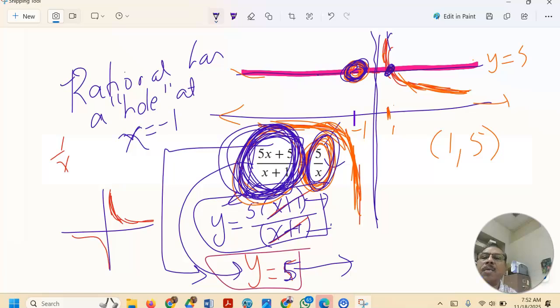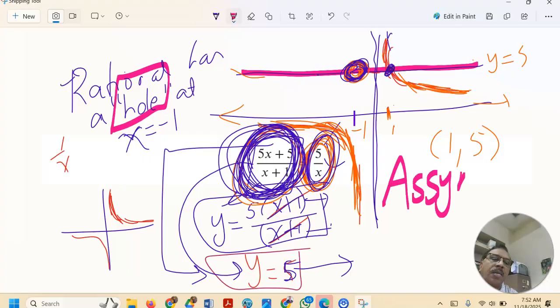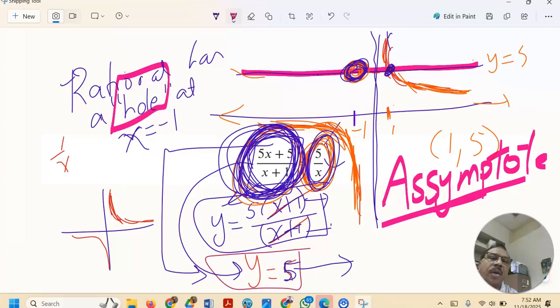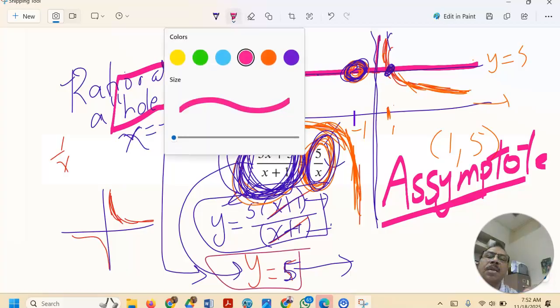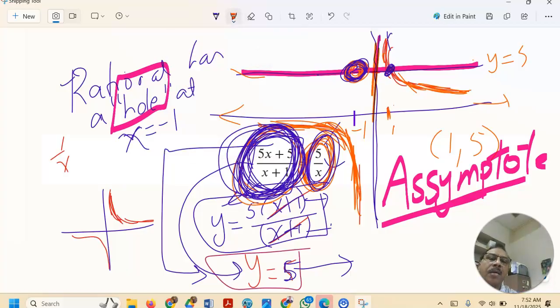So the new words that we understood today are: what is the meaning of a hole and what is the meaning of an asymptote. You know already, but still let me show. In this example, the y-axis is the vertical asymptote, because in this piece, 5 over x, the x is at the bottom.